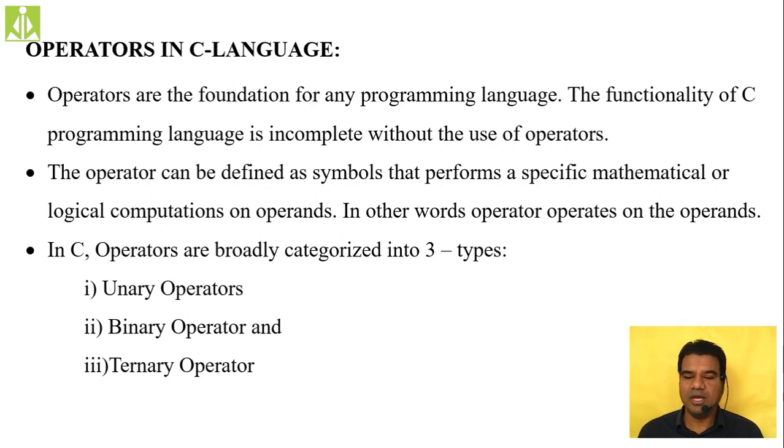So if you are doing the computational problems, definitely you have to use the operators. Okay, yeah. So these operators, we said they can be of three types: unary, binary, and tertiary or ternary. Okay, so unary in the sense it will take only one operand to perform its operation. Binary in the sense it will take two operands to perform its operation. Ternary, it will take three operands to perform its functionality.